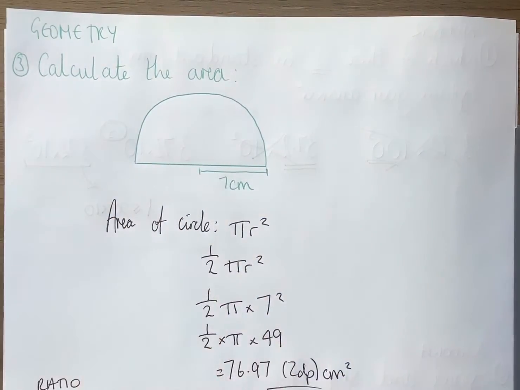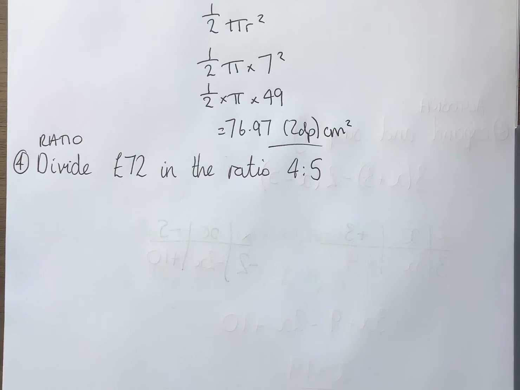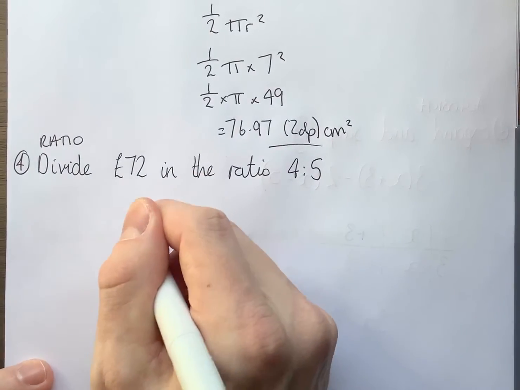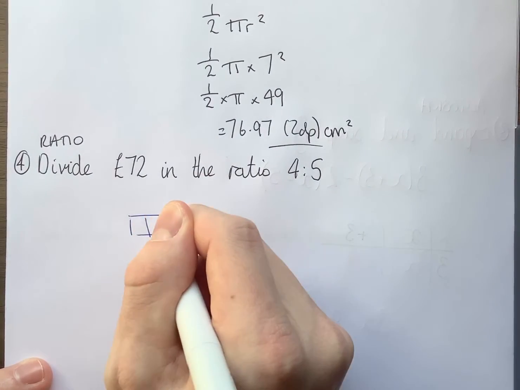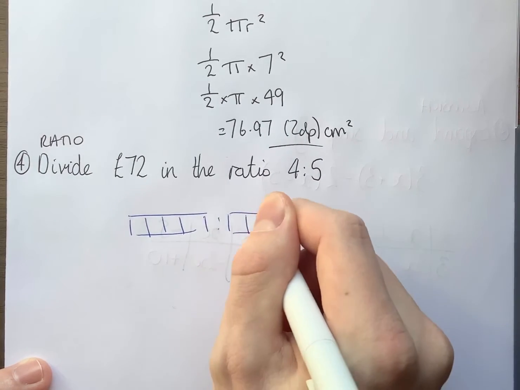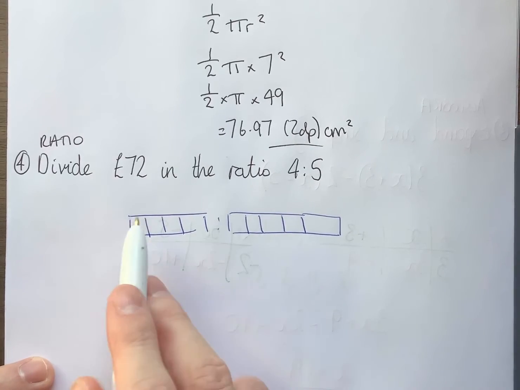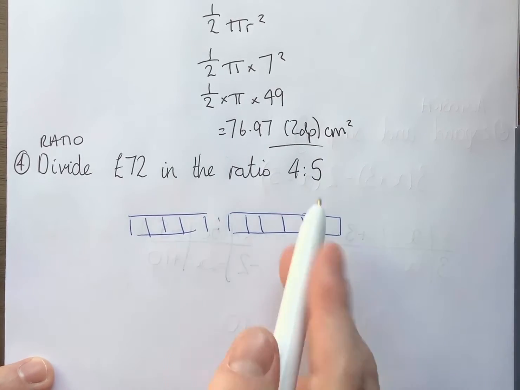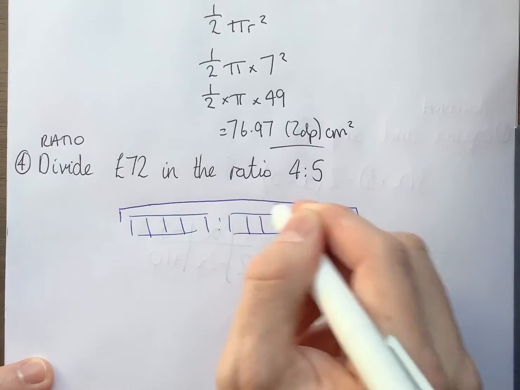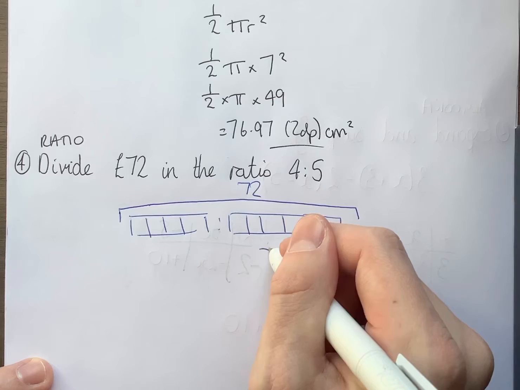Okay, question 4 now, ratio question. Give this one a go. Okay, so let's get the bar modelling out. So I've got 72 pounds in the ratio 4 to 5. Poorly drawn that, but 4 to 5. So how many parts have I got altogether? 9, because actually what I'm doing, I'm dividing 72 pounds in total into that ratio, so into 9 parts.